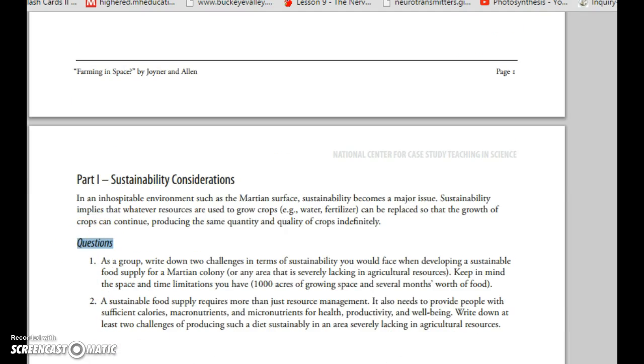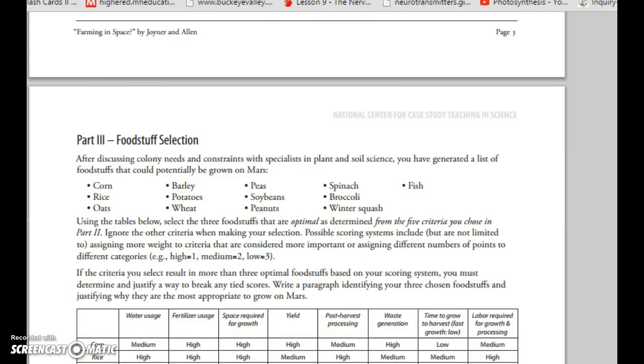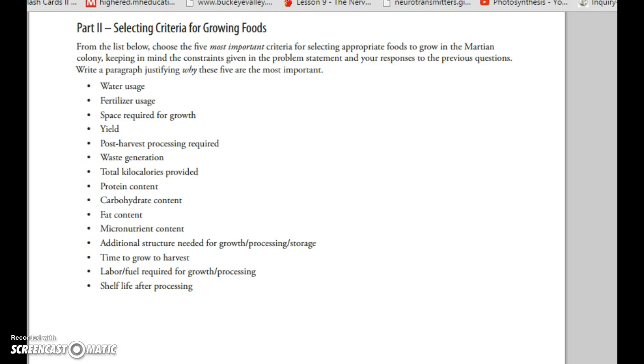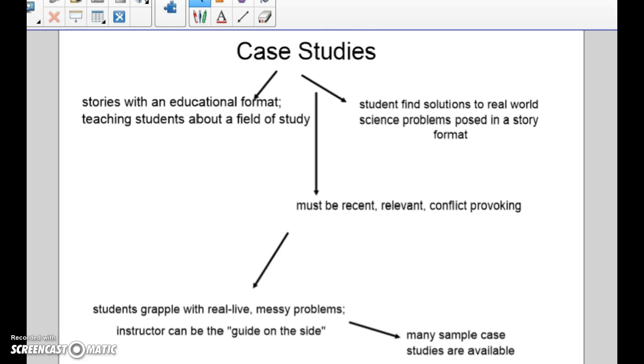You don't have to come up with those thought-provoking questions. They are provided for you. So that's just one example. You give the students this problem and you have them work through it. There are other examples of PowerPoints in which the teacher is presenting a lecture in a PowerPoint format, and then periodically the instructor pauses and students have to answer questions about the case study at hand. So there are a lot of options for using case studies.